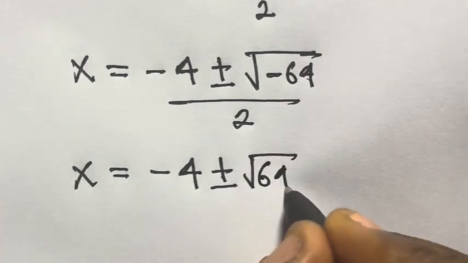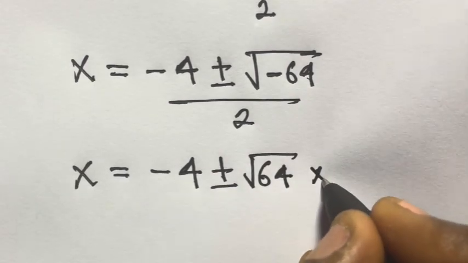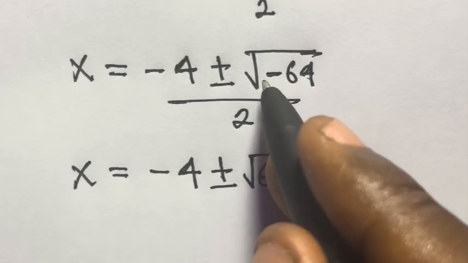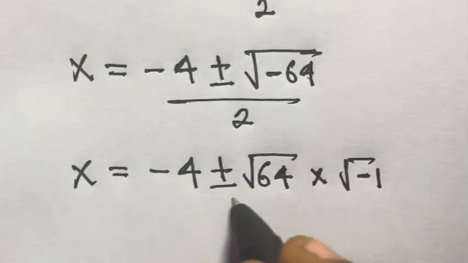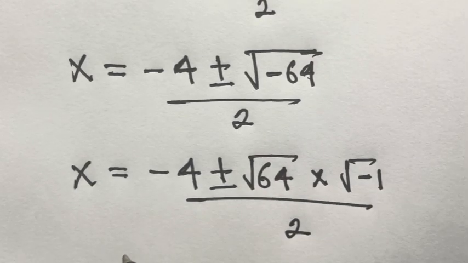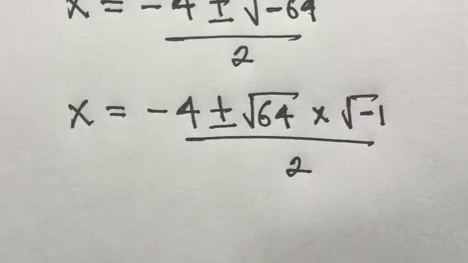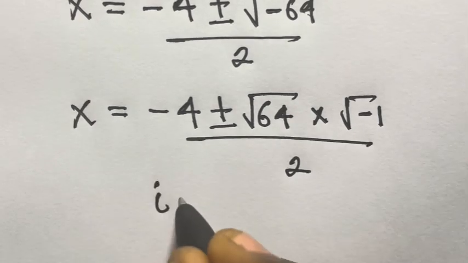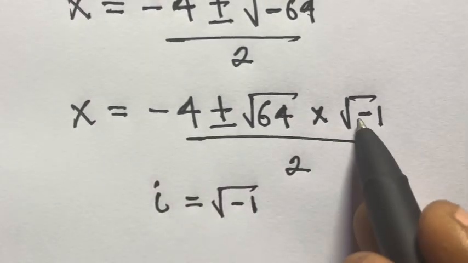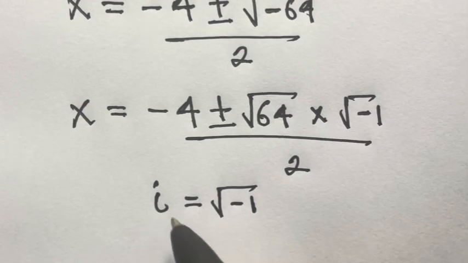From here we will have x equals minus 4 plus or minus the square root of 64 times the square root of minus 1. If we multiply these together, we get the square root of minus 64, divided by 2. But remember that our iota, which is i, is equal to the square root of minus 1. So we can replace the square root of minus 1 by iota i.